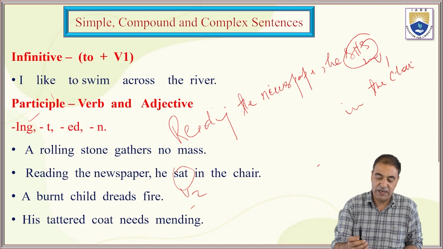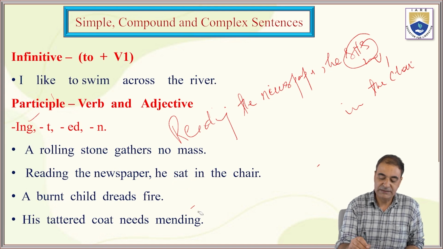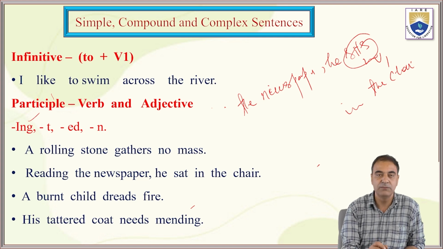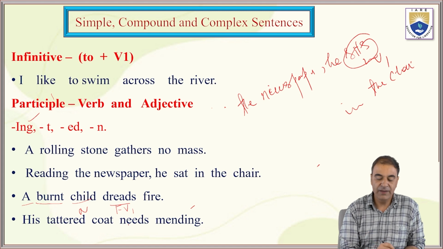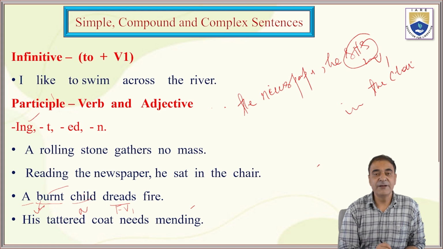Now, the next one, we have the next example. If you look at the next example, as I told you, that it has different forms like ing, t, ed, and n form. Look at here. This is an article, burnt, it's a participle, child, it's a noun, dreads, it's a finite verb in first form. Now, burnt, we use this word burnt as a verb. It is derived from a base word, root word burn, and that's a verb. And what kind of child is this?